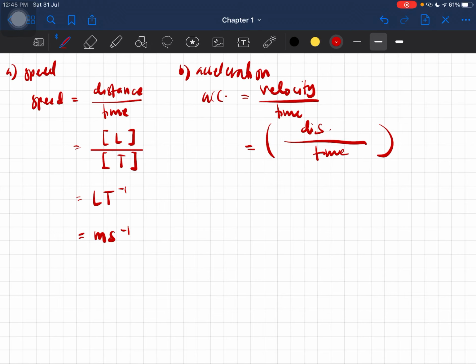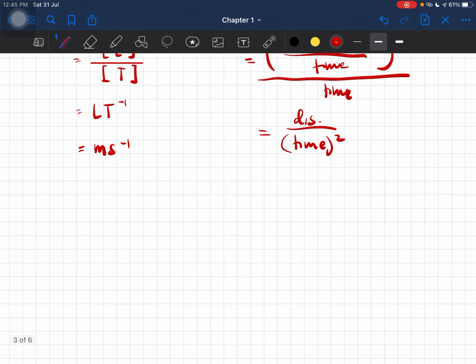Okay, now don't get confused. So over time again. Alright, so displacement over time, over time again, means we get displacement over time squared. So from here we can write displacement, which is L, over the time, which is T squared, right?